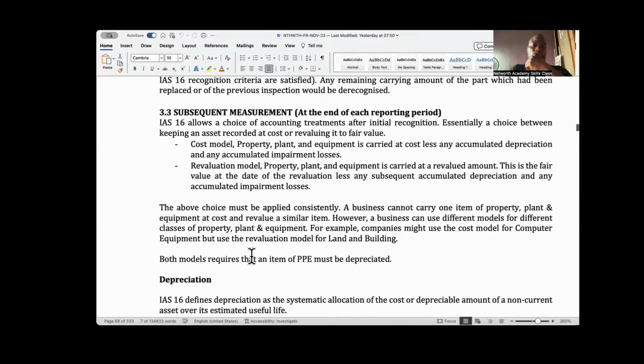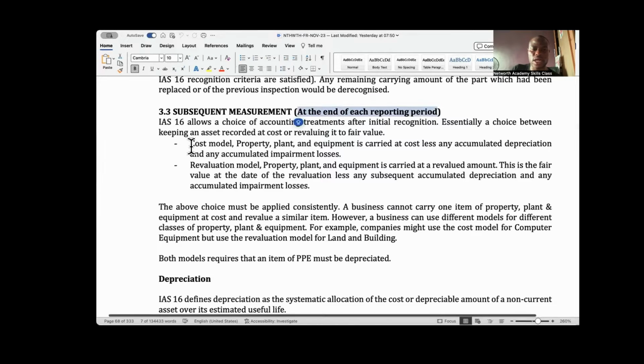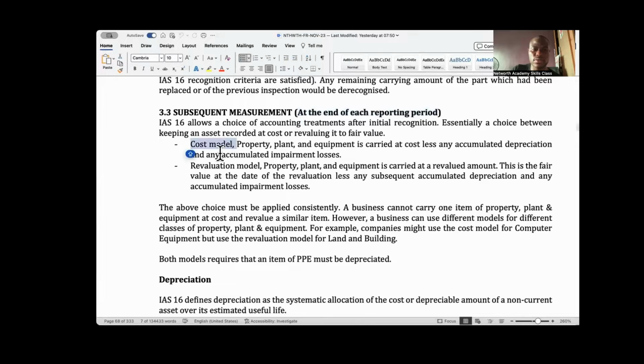Then we went on to subsequent measurement, which is the measurement at the end of each reporting period. And we said you measure an item of PPE either using the cost model or using the revaluation model. I told you that the cost model is simply cost less accumulated depreciation and any accumulated impairment losses.